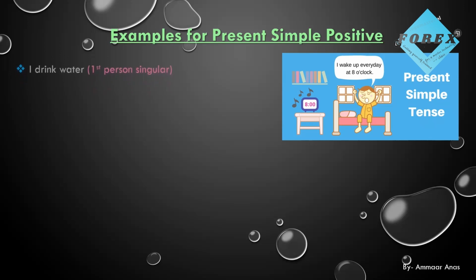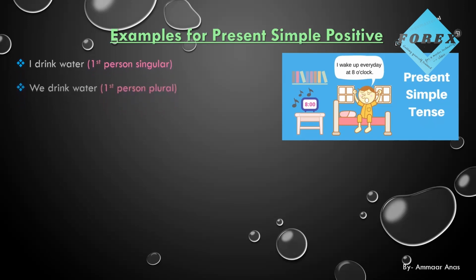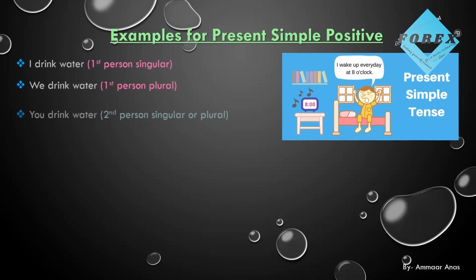Okay, here he says, I drink water. So I drink water is the first person singular. And then we have we drink water. It is the first person plural. Please note, first of all, we have the singular and then the plural for the first person.